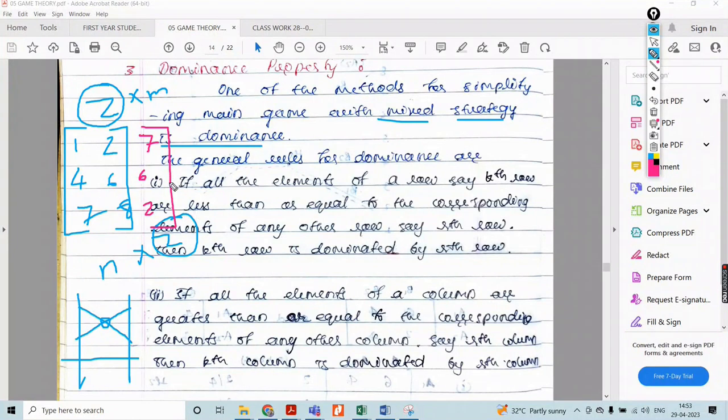Is it possible to represent 3 parameters on a graph? Because it is a 2-dimensional quantity. In 2 dimensions, if 3 or more payoff values are present in the matrix, it is not possible to represent them. During that moment, we can proceed with the dominance property.